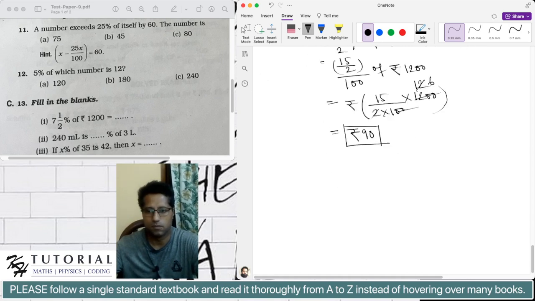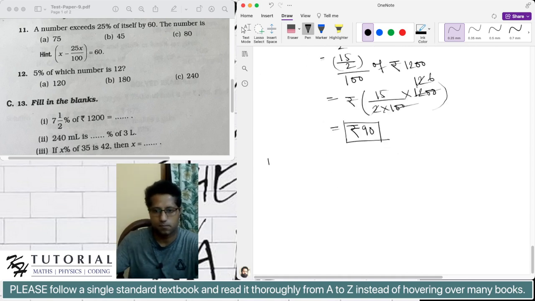Okay, let's do part 2. Twenty milliliter is what percent of 3 liter? That is, it is asking what percentage of 3 liter is 240 milliliter.